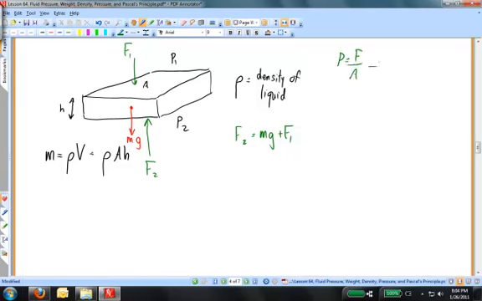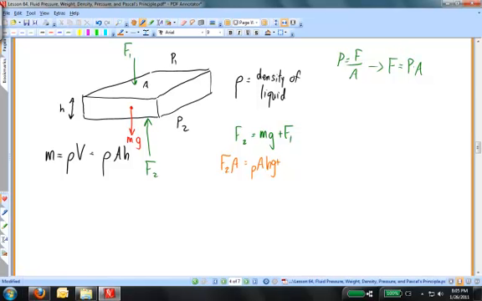Now, if the pressure is equal to the force divided by the area, then that means that the force is equal to the pressure times the area. The force on the bottom is P2 times A. The weight of the fluid is the mass, which is rho times A times h, times g, because it's the weight, plus the force from the top.